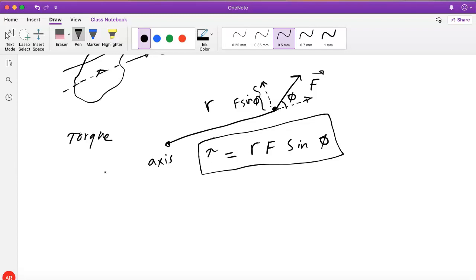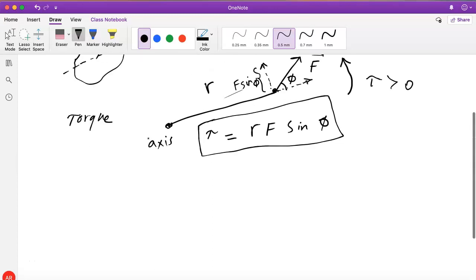So this torque that's rotating my object in this direction, so this is the axis, the force, the perpendicular component is in that direction, so it wants to cause a counterclockwise rotation, that's positive.